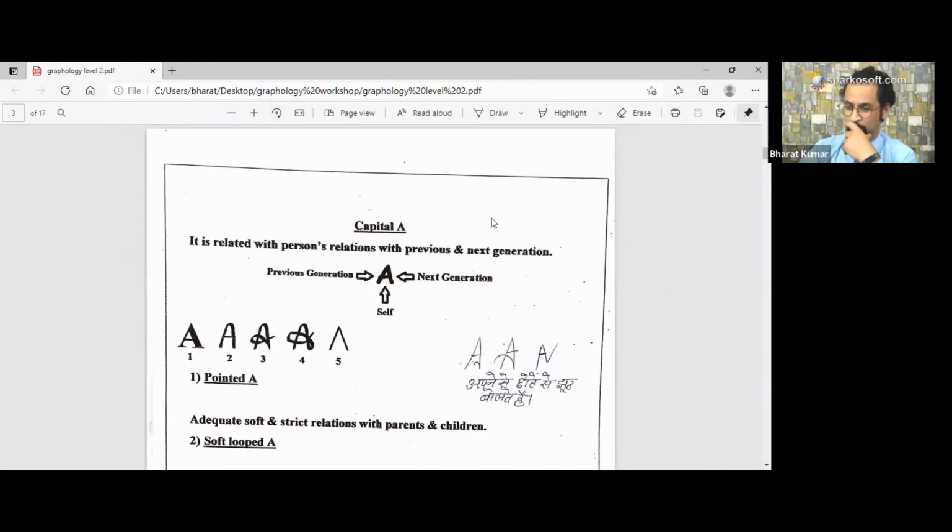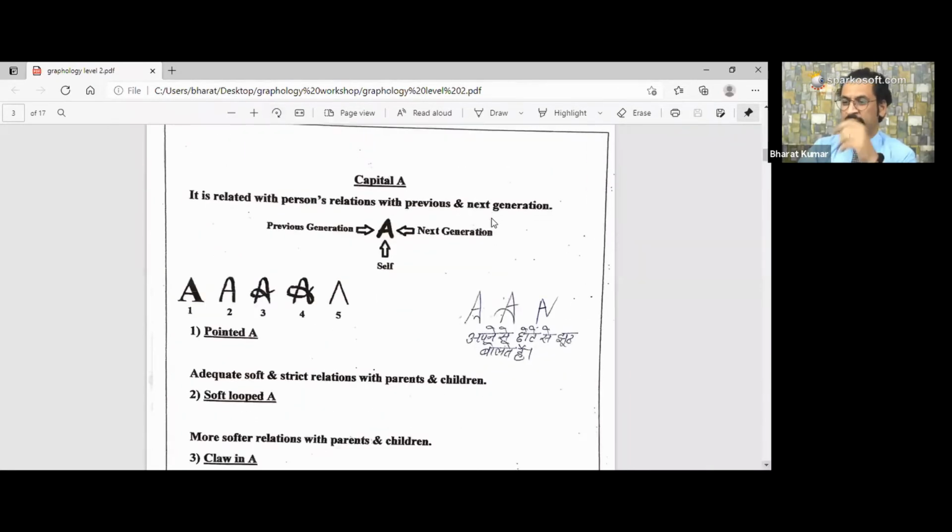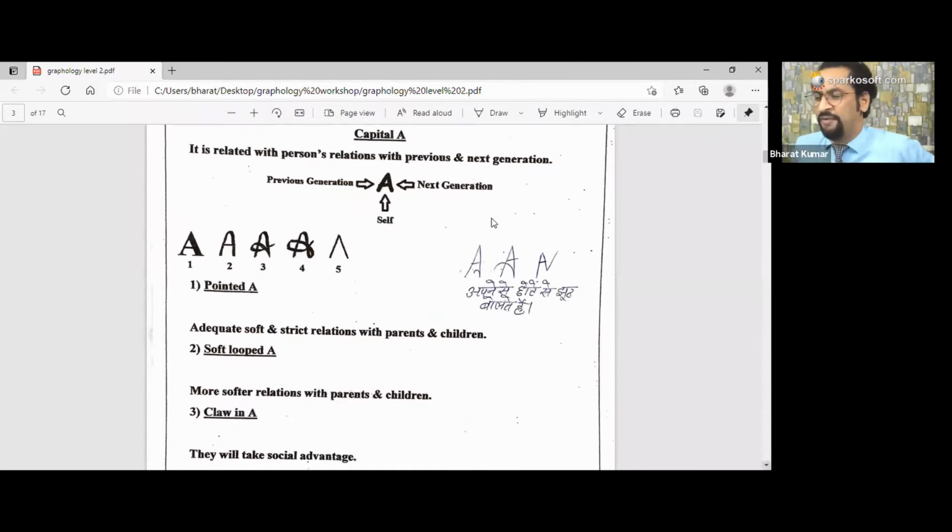Now we are talking about capital A. Check, there are a few different types of A I have written here. I will tell you in English also, which is written in Hindi. They used to lie with youngers, meaning they used to lie to those younger than them. Capital A is related with a person's relation with the previous and next generation.